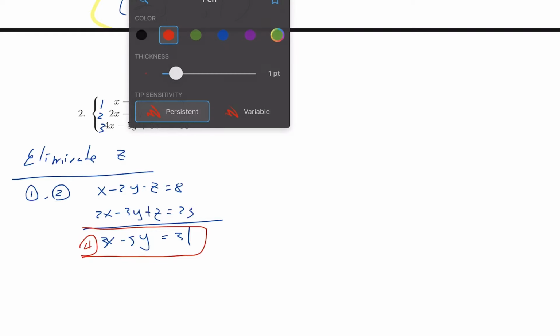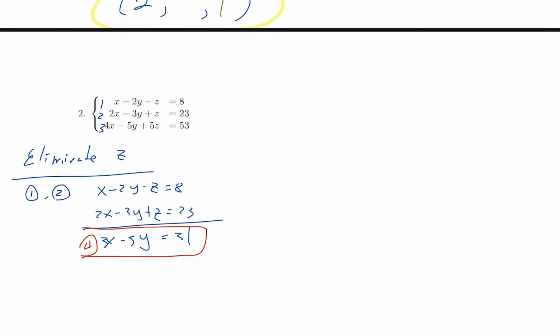Now pick another pair. Let's pick first and third. In order to eliminate this z with 5z, we have to multiply 5 to the first equation. So 5 times equation 1 gives me 5x minus 10y minus 5z equals 40.